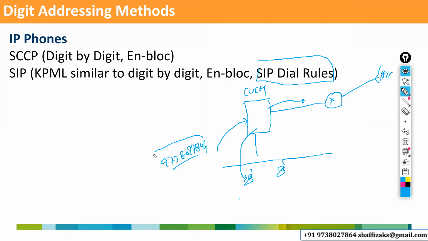Whenever you're dialing a number, before sending that number to the CUCM, it checks locally whether that number exists or not. That is the concept of SIP dial rules.